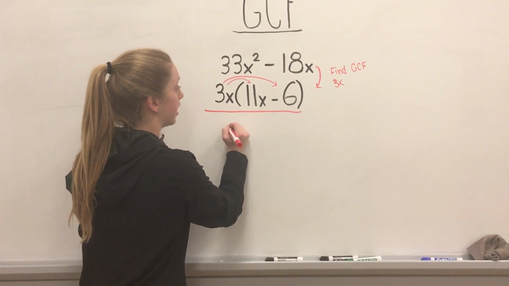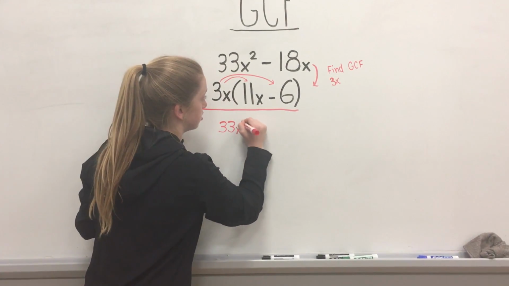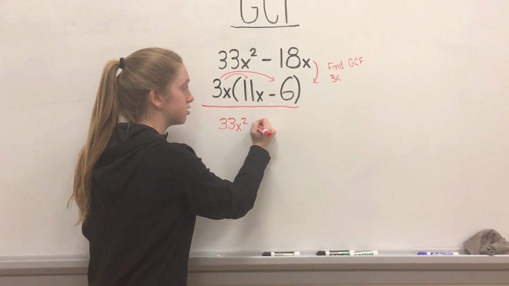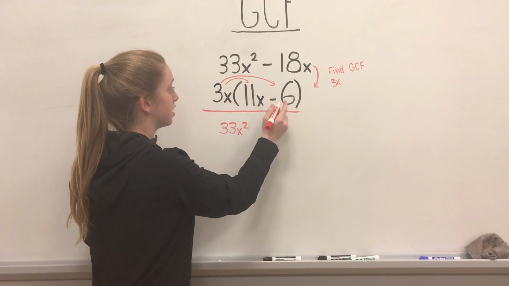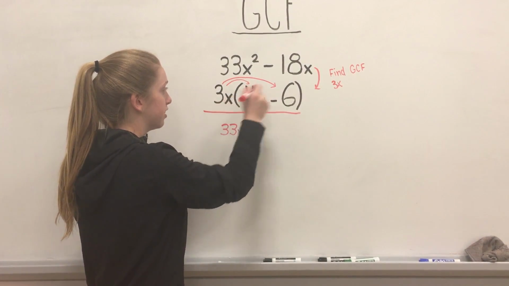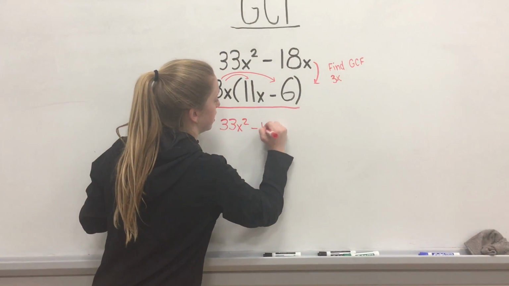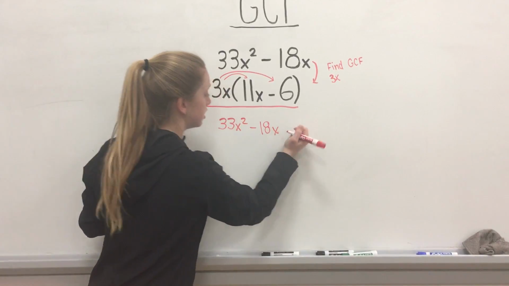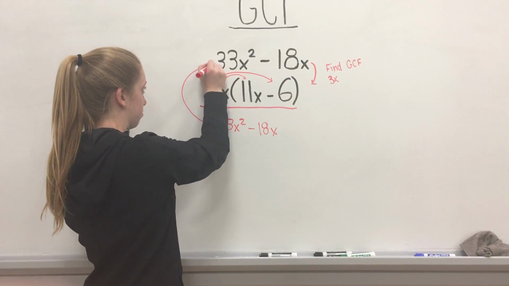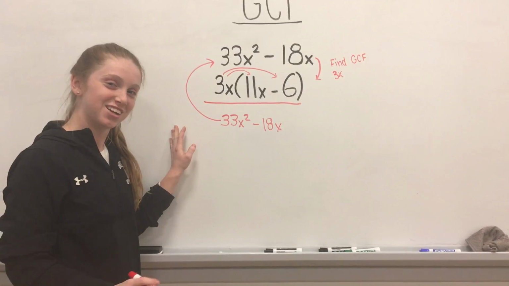So you would do 3x times 11x, which is 33x squared, and 3x times a negative 6, which is negative 18, and you would add the x because there's an x. So minus 18x, and to check if this is right, you would look up here and make sure it's the exact same, and if it is, you did your problem correctly.